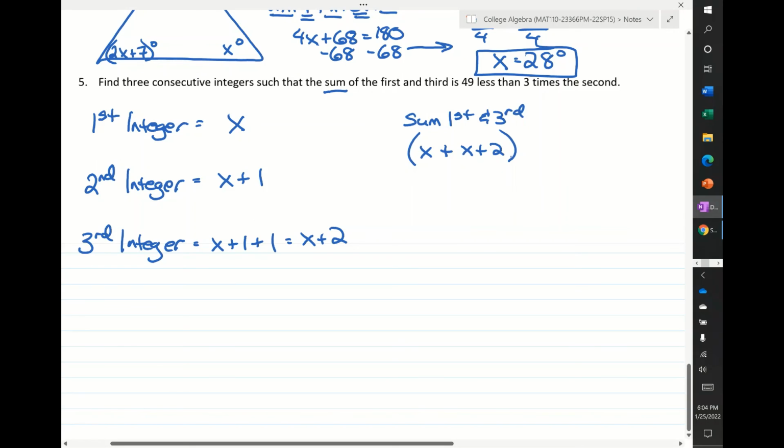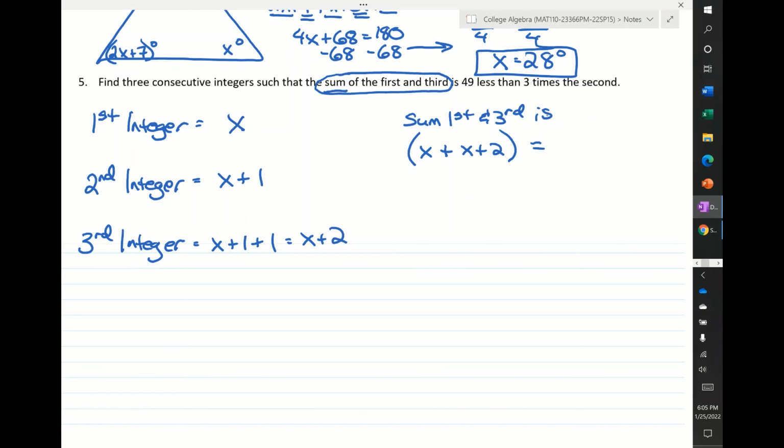So that takes care of the sum of the first and third. Is, what does that mean in math language? Equals 49 less than 3 times the second.